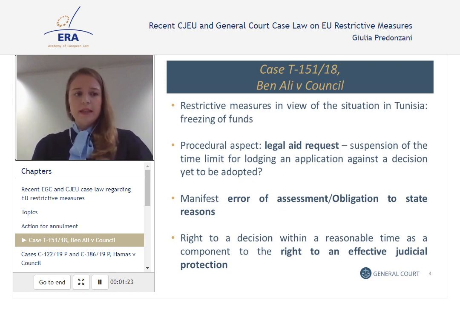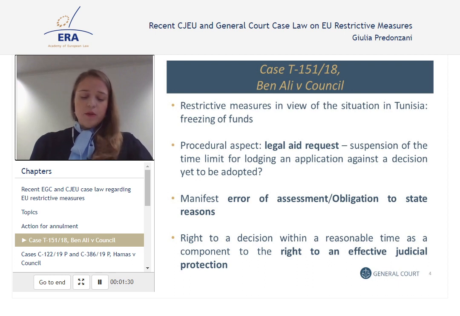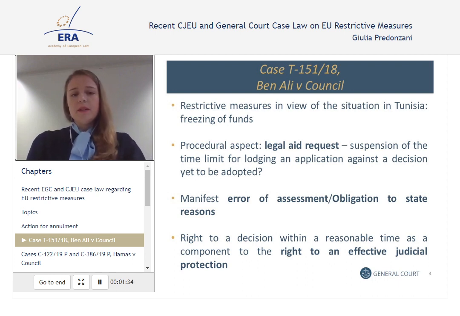This case I have chosen not only because of the merits of it, but also because it is procedurally interesting, because in this case, Mr. Benali had lodged an application for legal aid pursuant to Article 146 of the Rules of Procedure of the General Court.